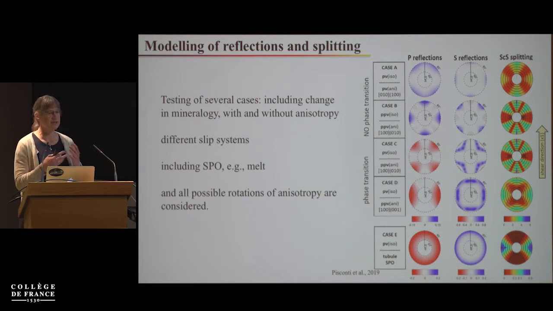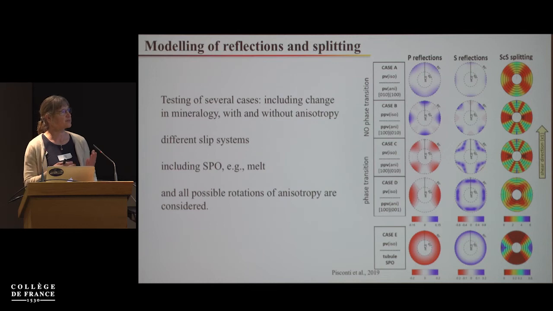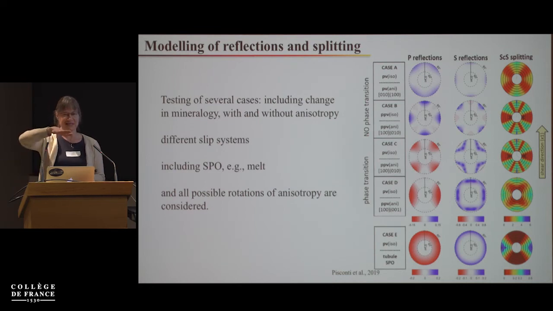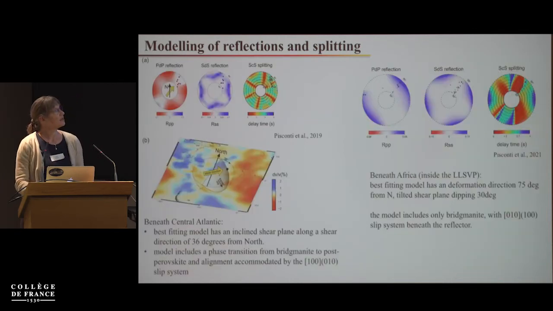And that's important because you have different observations, different methods. So we then also use these results and turn basically the anisotropy is then rotated along all three directions as well. Yeah? And then we're trying to fit our observations.